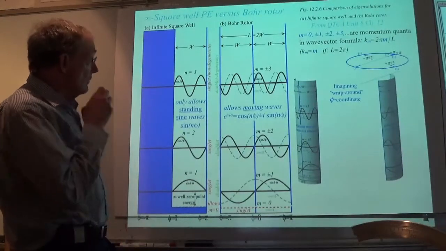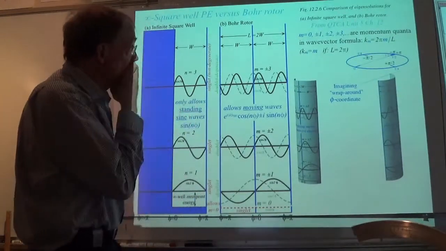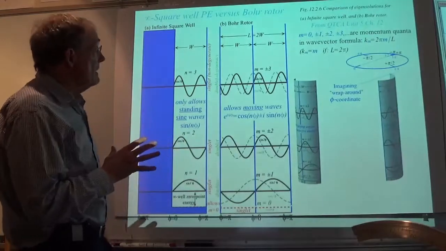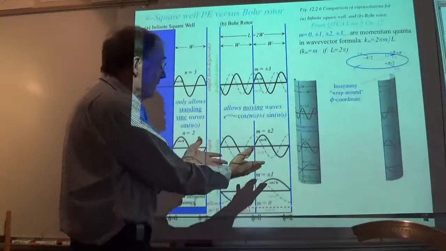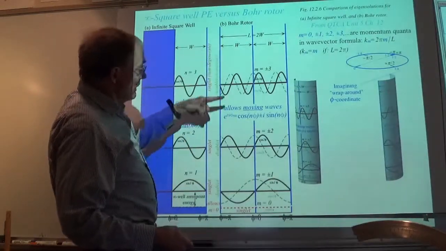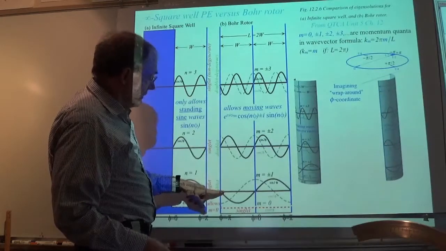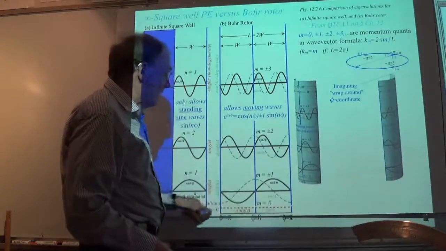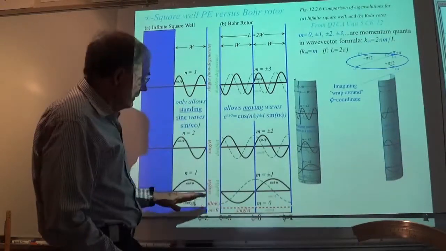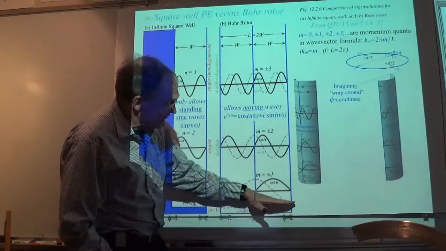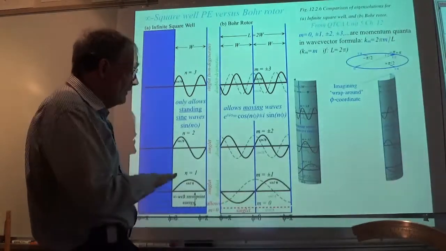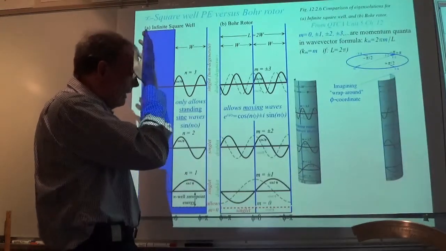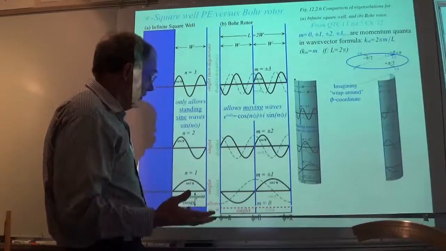And a couple of things to notice qualitatively is that in this problem, every one of these levels is doubly degenerate except for the first one. The first one I haven't bothered to draw, but it's just basically a constant wave. It is a wave that has no wiggles at all. The Fourier component 0.